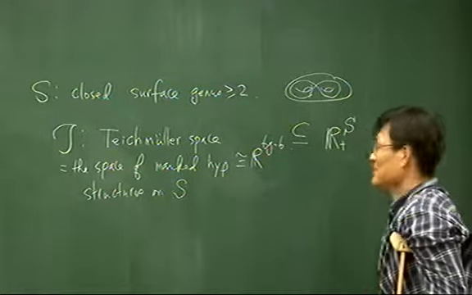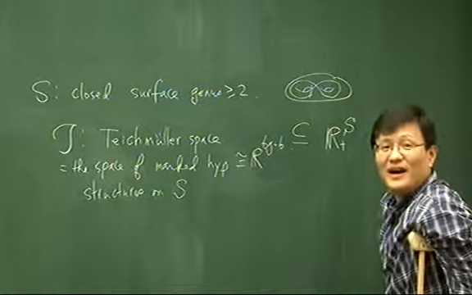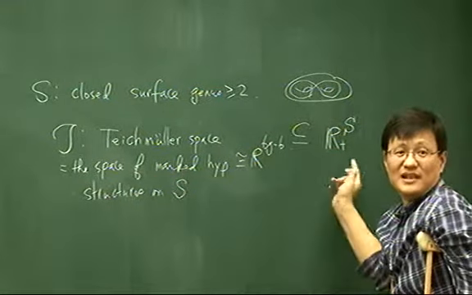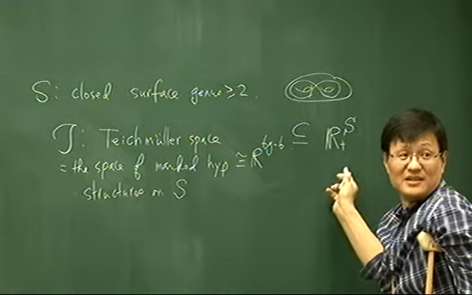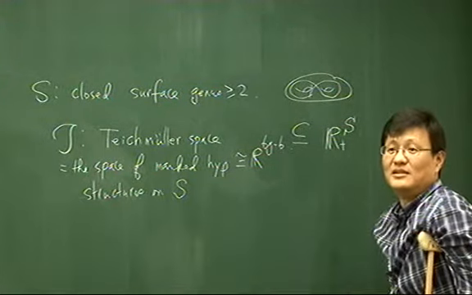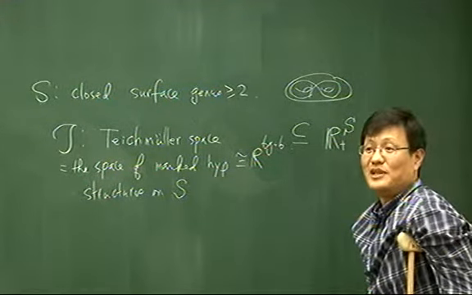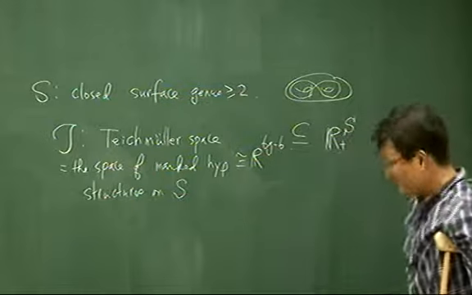Okay. Then you can compactify this Teichmüller space inside this space. It turns out to be projective measured laminations. Okay.